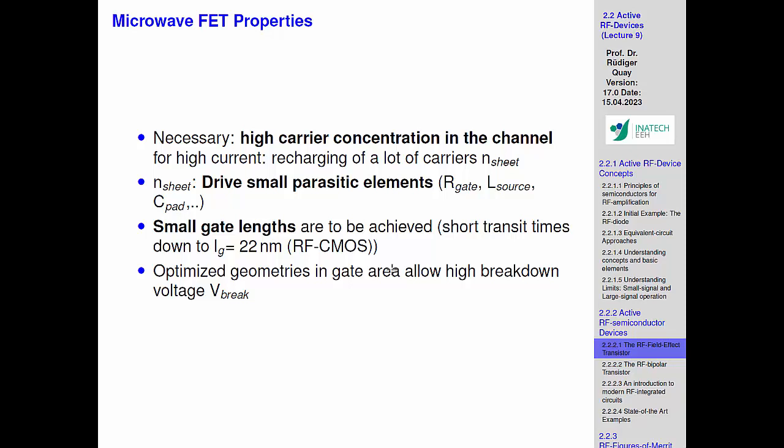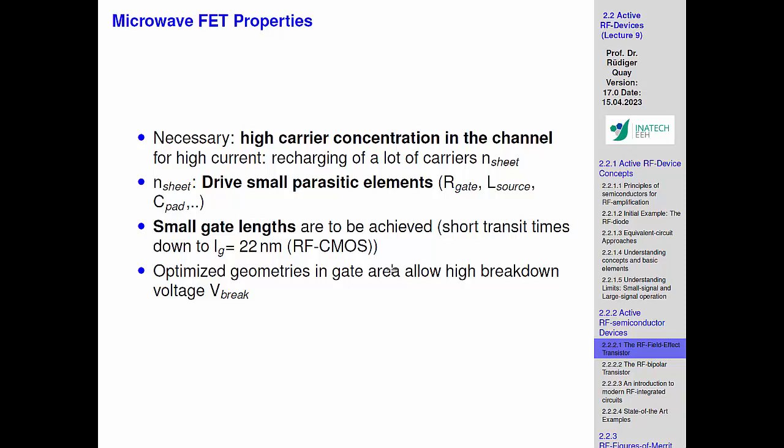So you want to modulate a lot of charge, which has two advantages. One is that you get more current. It's also good because you easily get a very low resistance with that. That's helpful.